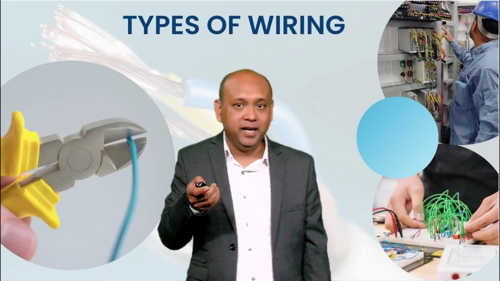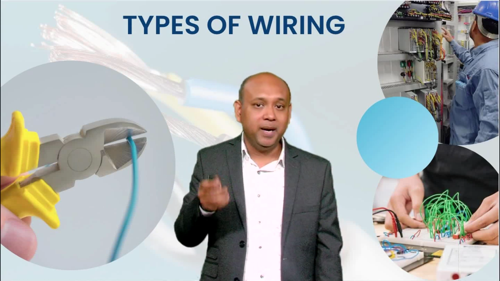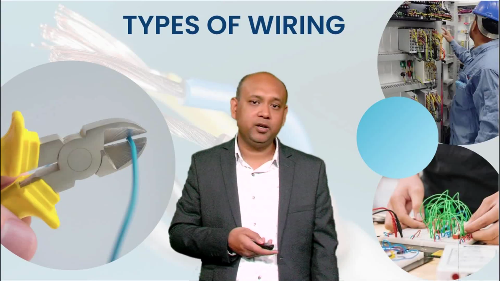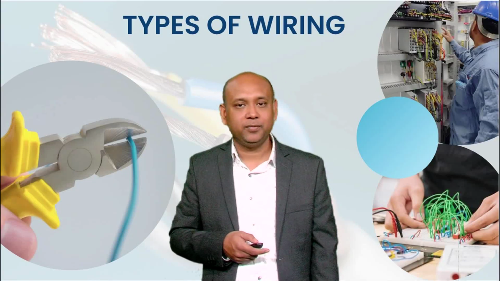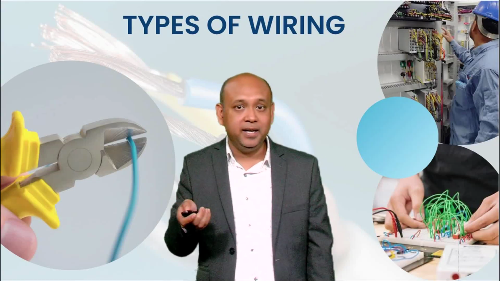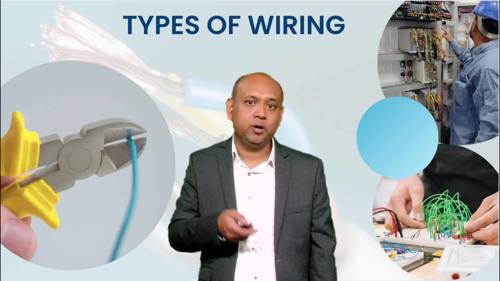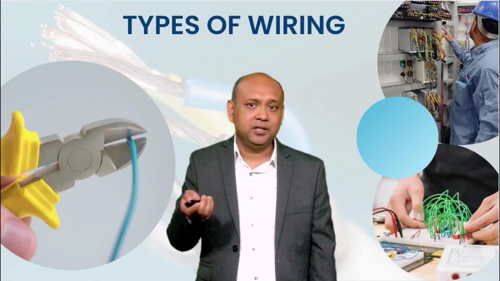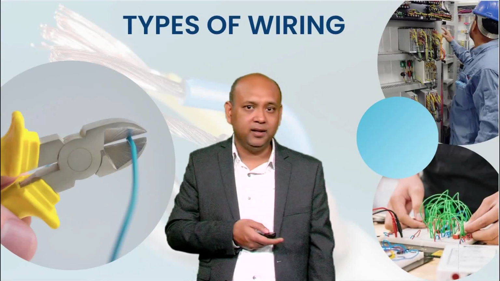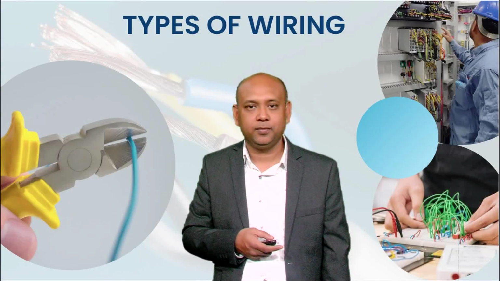This type of wiring provides good insulation and neat appearance, making it a popular choice for residential and commercial applications. Casing capping wiring is affordable, easy to maintain, and protects the wires from dust and moisture. However, it is not as durable as the conduit wiring and may not be suitable for heavy-duty applications.